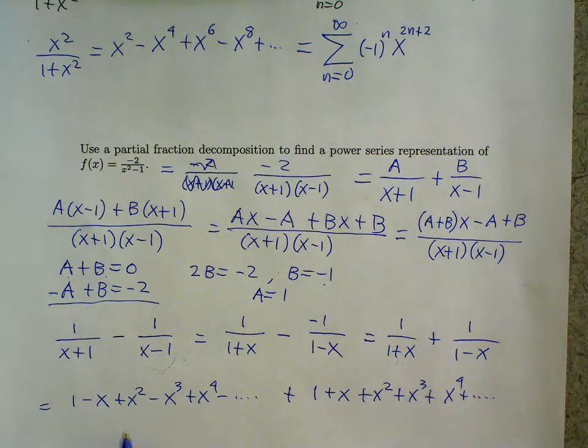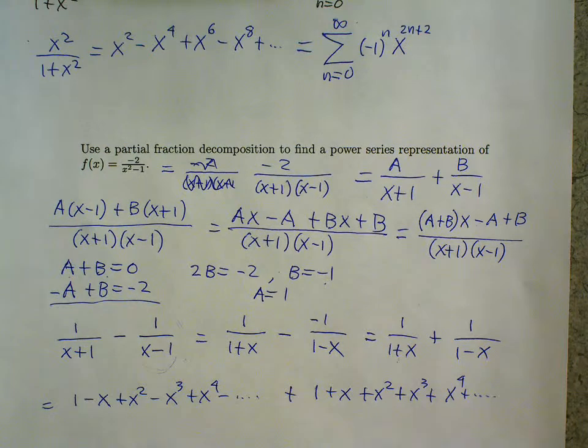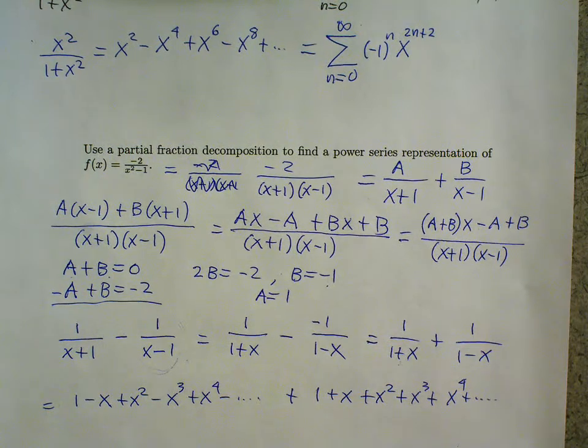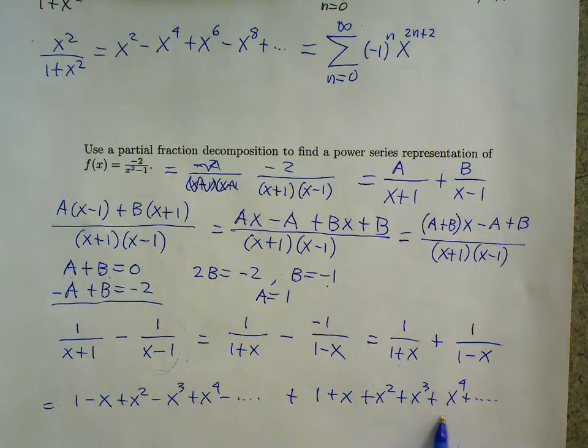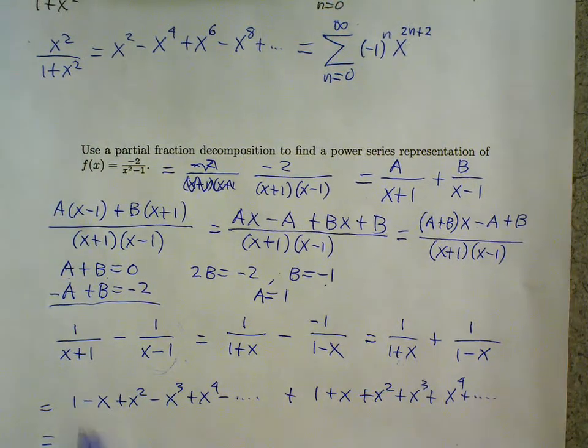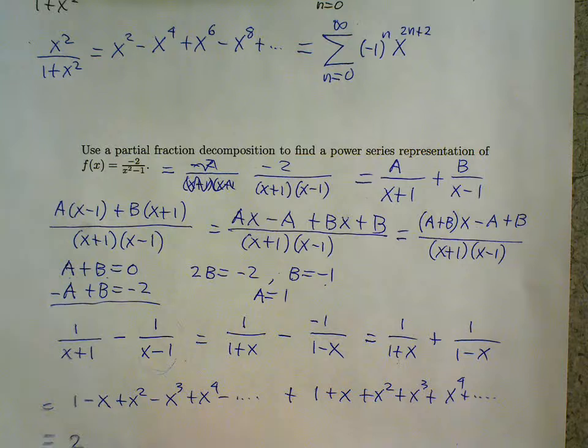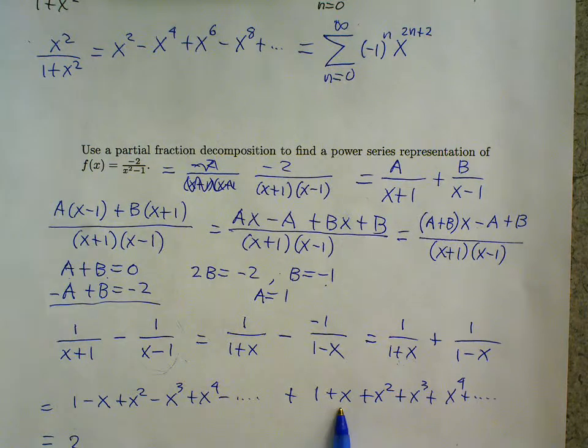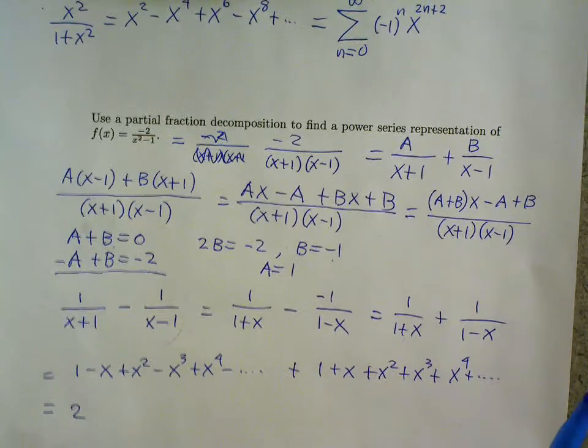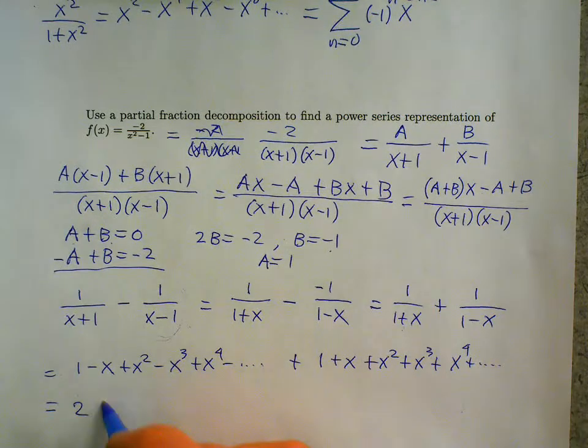And for two series that converge, these two series both converge for absolute value of x less than 1. So we can add them. So we have 1 plus 1, that's 2. The minus x plus x is 0, so no x terms. And then plus x squared plus x squared is plus 2x squared.